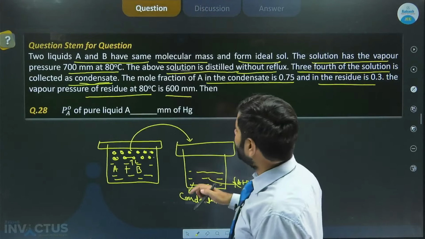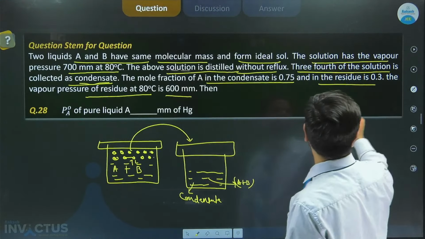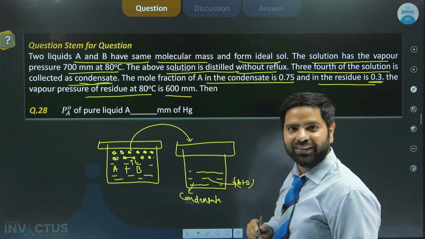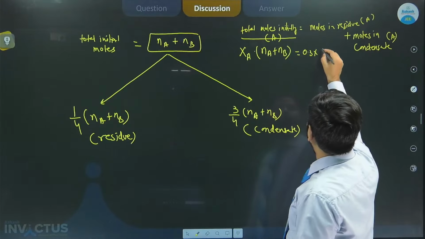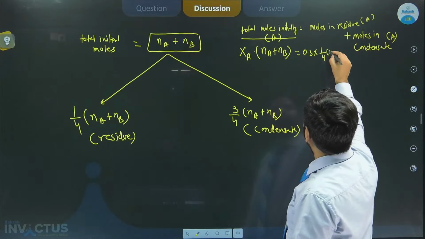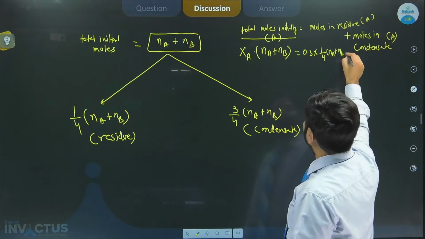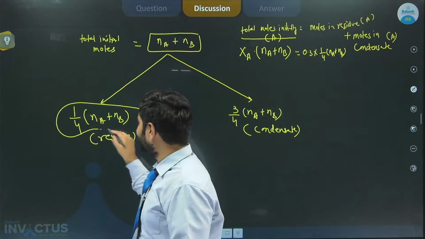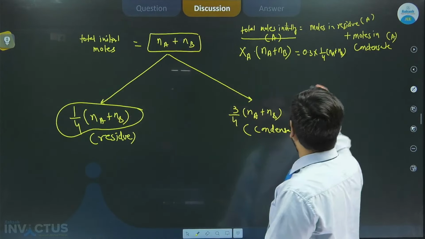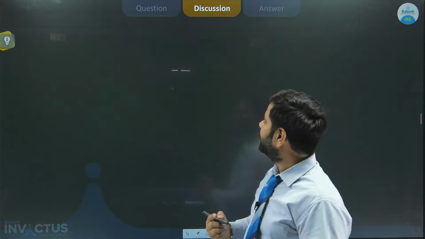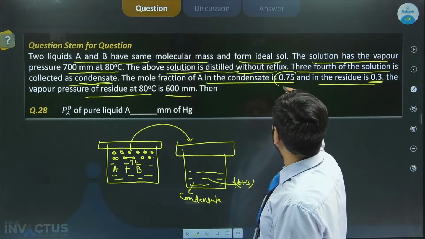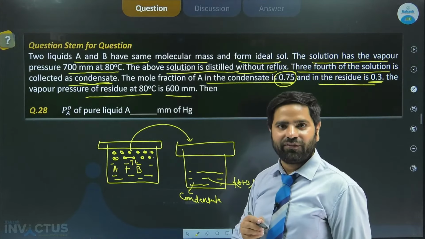In the residue we know the mole fraction. What is the mole fraction of A? 0.3. So it would be 0.3 into the total moles, and how many are those? 1/4 of Na plus Nb. The residue has this many total moles left. Plus moles of A in condensate. Let's check the mole fraction in the condensate. 0.75.